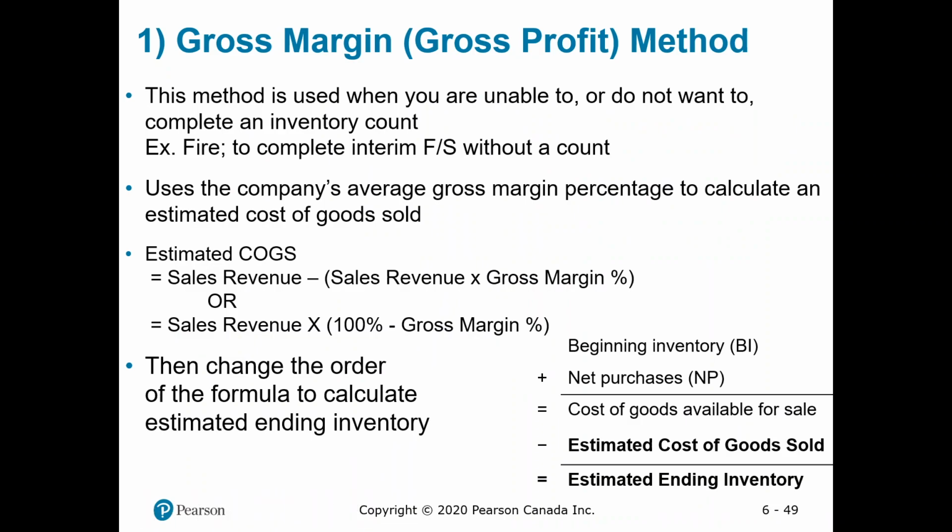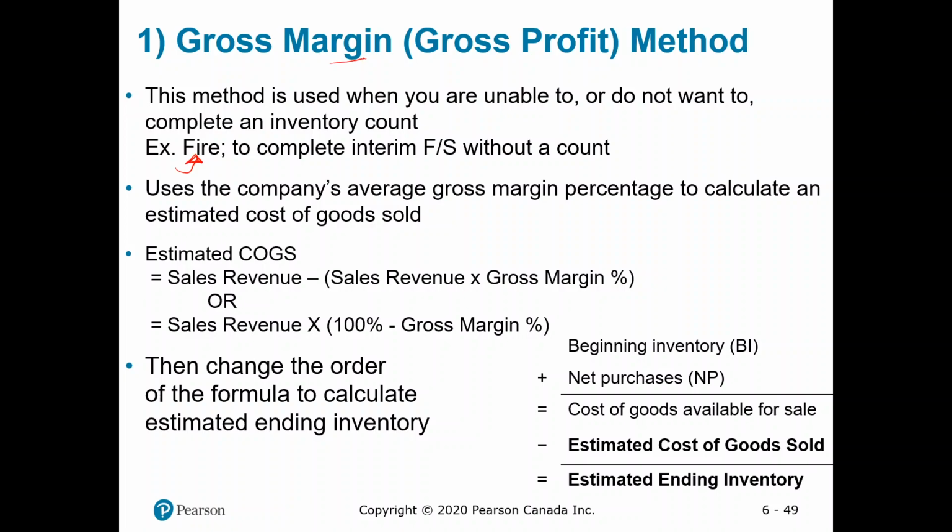So this method can be used when you're unable to or you don't want to do an inventory count. So let's say that there was a fire at the end of the year or sometime during the year and your inventory burned, but for your insurance purposes, you need to come up with an estimate of how much inventory you had.